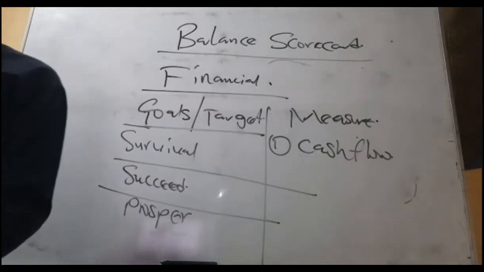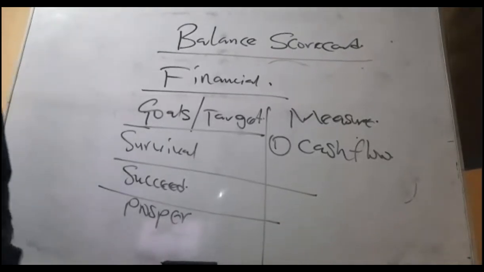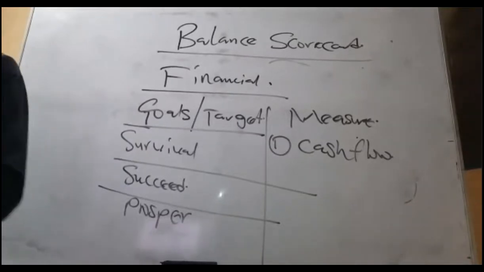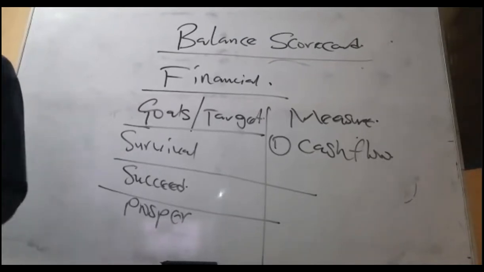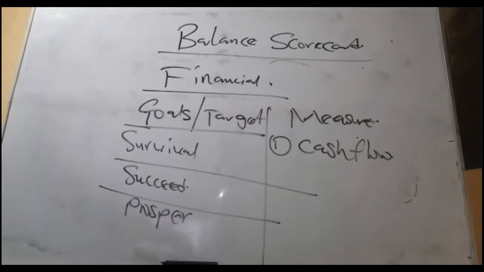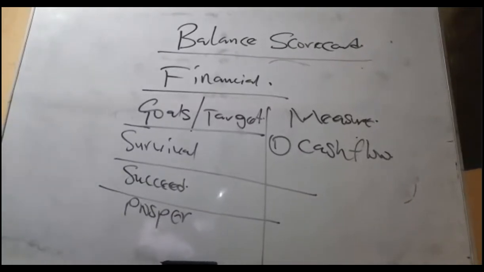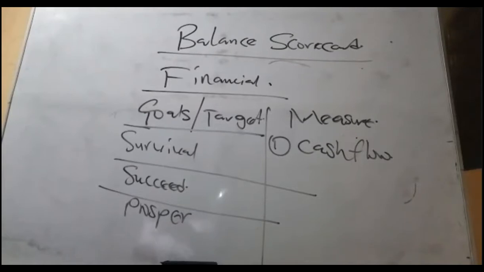You can also use your profits. A company that is making consistent losses, your survival is also in doubt. You can also use acquisition and retention of key management staff. That can also influence your survival.